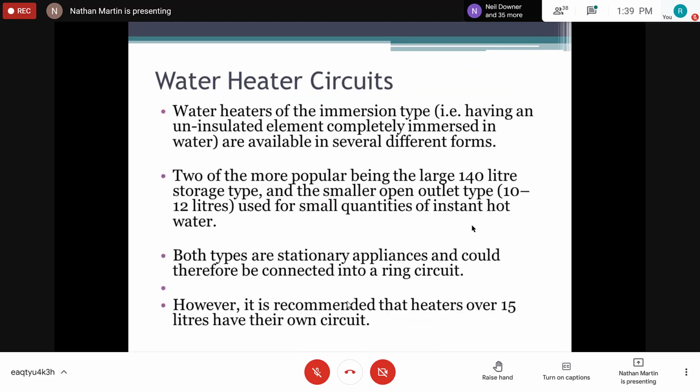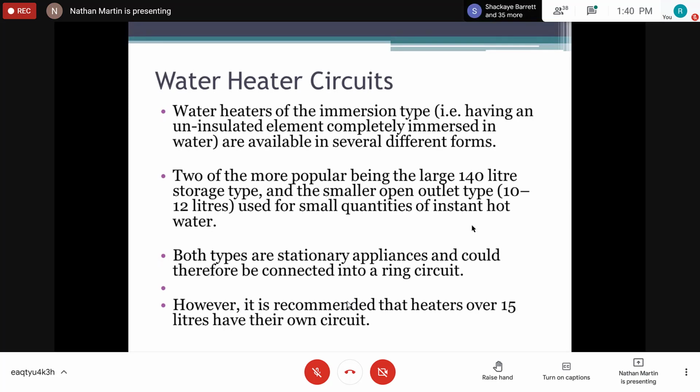Now, water heaters. Water heaters of the immersion type, such as the ones used in most residential and commercial settings, are available in several different forms. Two of the more popular types are the 140 liter and the 1012 liter, used for quantities of instant hot water.